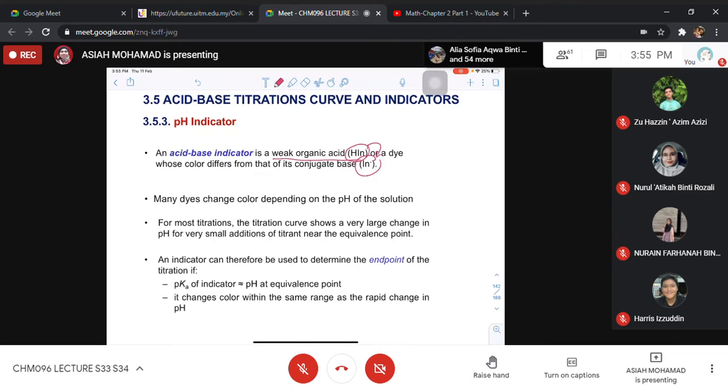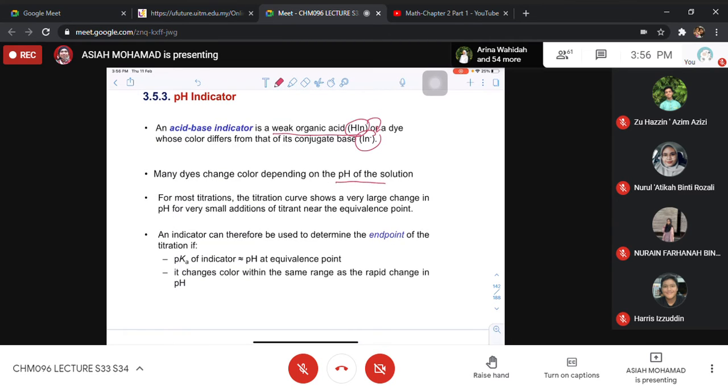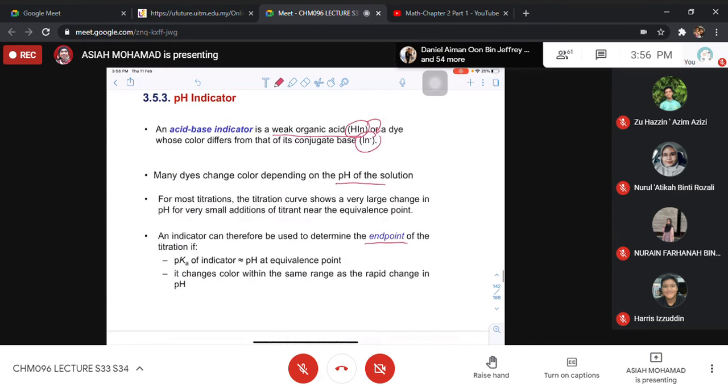Okay, so many dyes change colour depending on the pH of the solution. That's why we are going to choose the suitable indicator based on its pH range. An indicator can therefore be used to determine the endpoint of the titration. That's why we use an indicator, and how to choose is this: the pKa of the indicator must be approximately equal to the pH at the equivalence point.